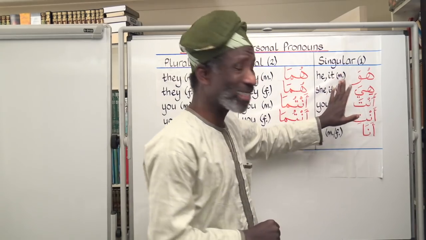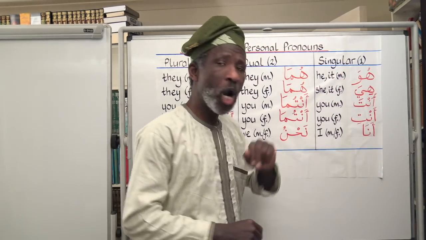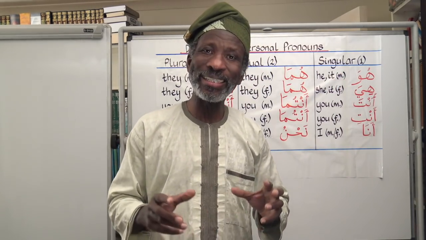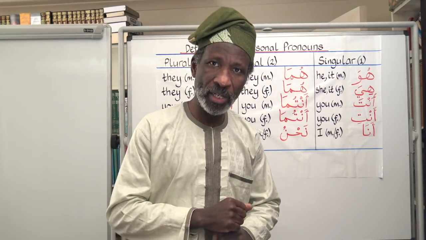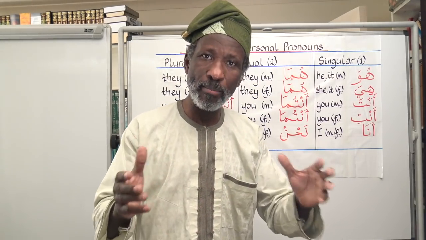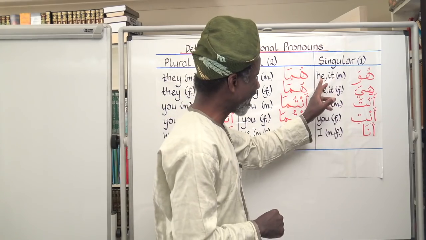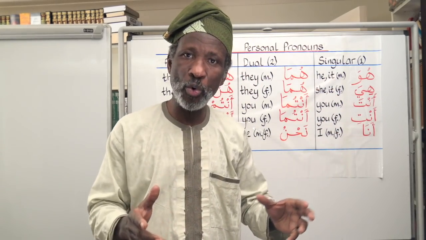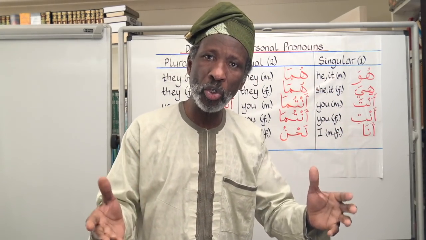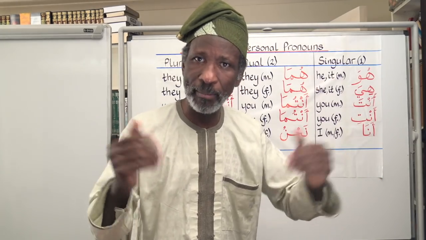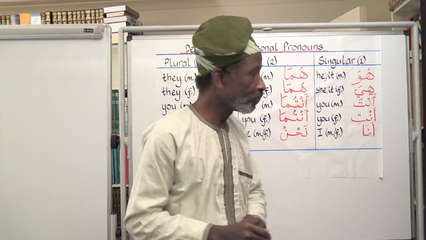So we have the detached pronoun huwa. Huwa is for singular masculine, للمذكر المفرد, and it means he or it if you are referring to a non-human object, inanimate and so on. That's a singular.